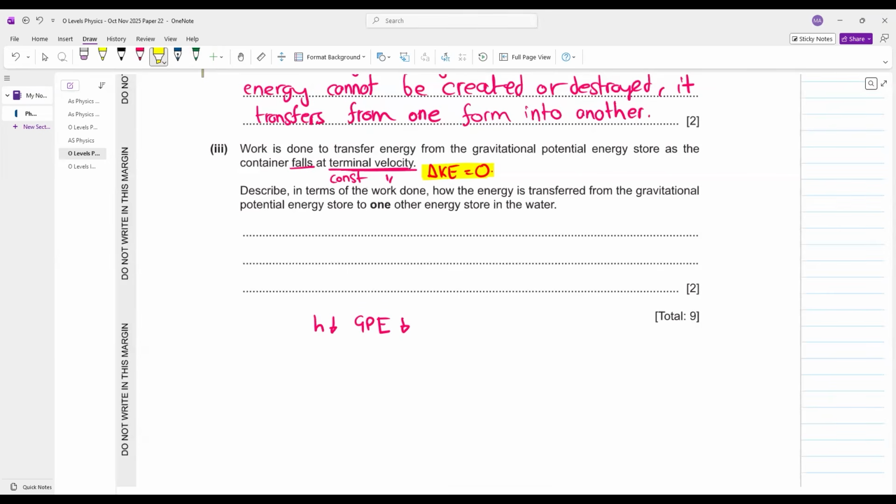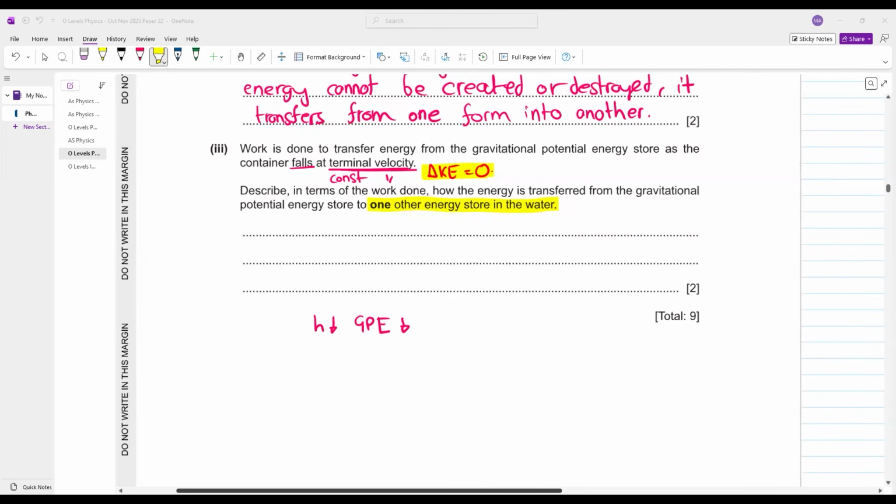Okay. Describe in terms of work done how the energy is transferred from gravitational potential energy store to one other energy store in the water. भाई ग्रेविटेशनल पोटेंशियल एनर्जी किस चीज में ट्रांसफर हो रही है? You will say gravitational potential energy is converted into the internal energy of the container as work is being done against friction.